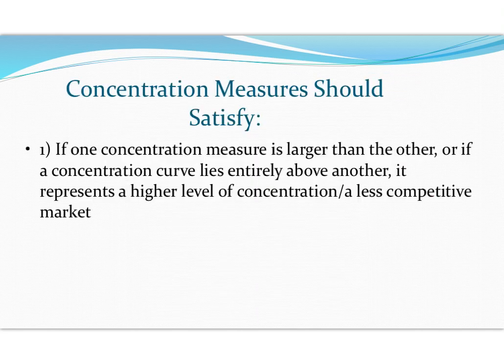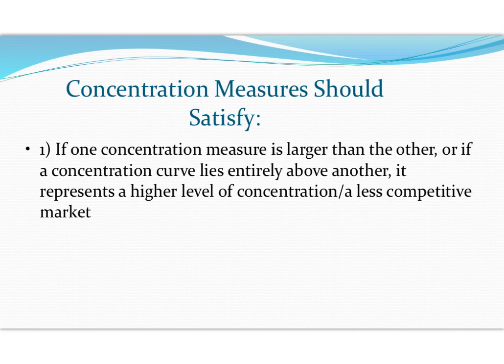There are several properties that a concentration measure should satisfy. The first property: if one concentration measure is larger than the other, or for concentration curves, if one curve lies entirely above the other, so it's not that they flip back and forth or intersect all over the place, and we'll see one that intersects several times later, it represents a higher level of concentration or a less competitive market.